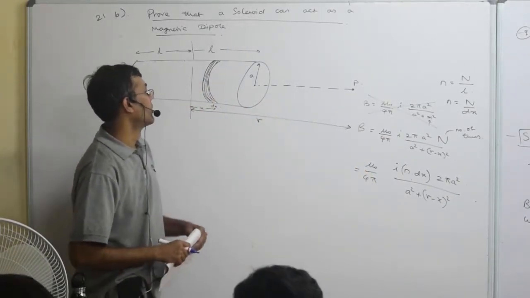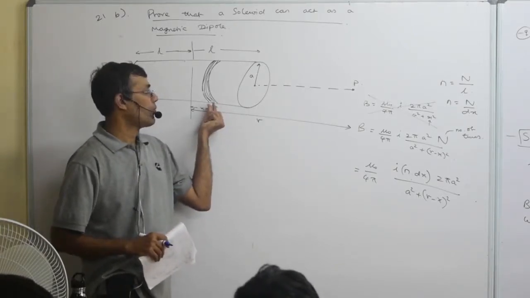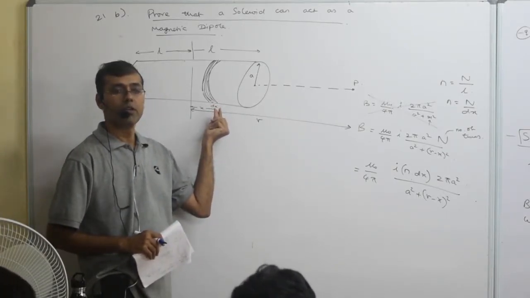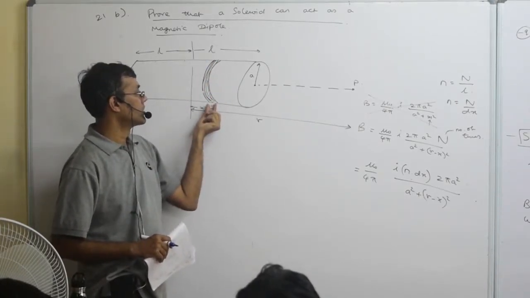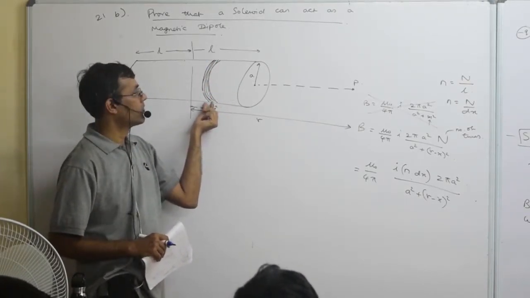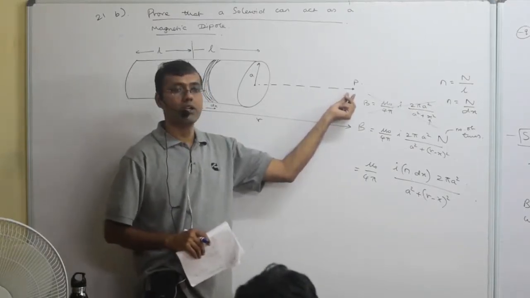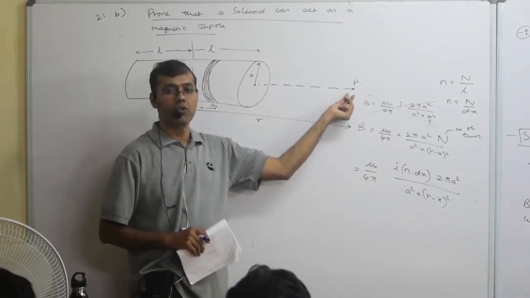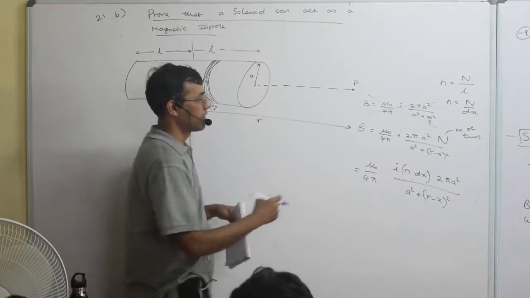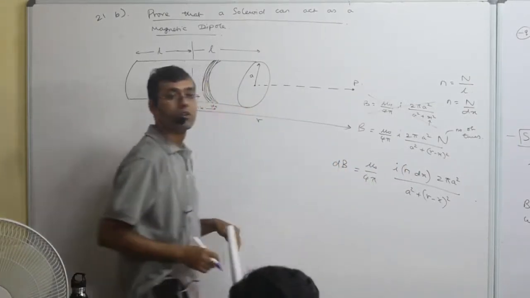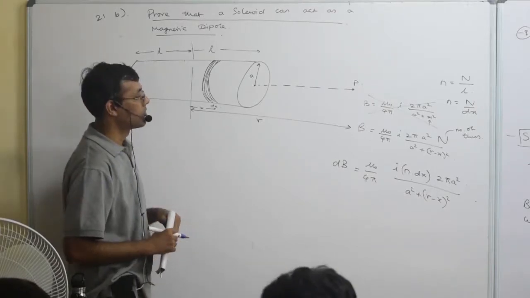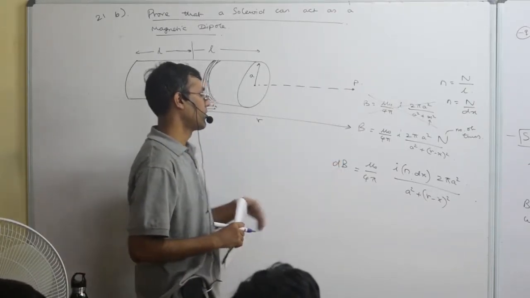But carefully listen, this is only due to the small distance dx. Okay, the small part of the solenoid which is called dx. Because of this, it is giving some magnetic field B. So instead of calling it B, can I call it dB? Because this dx is providing this dB. Okay, so instead of calling it B, I am going to call it dB.